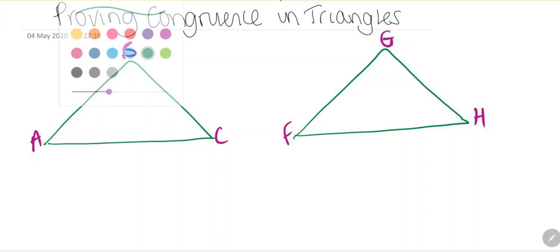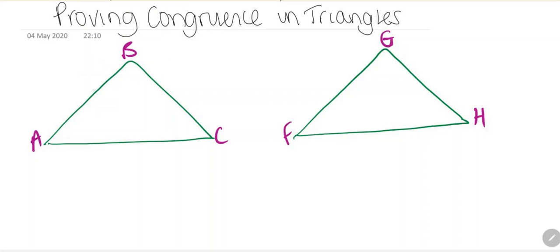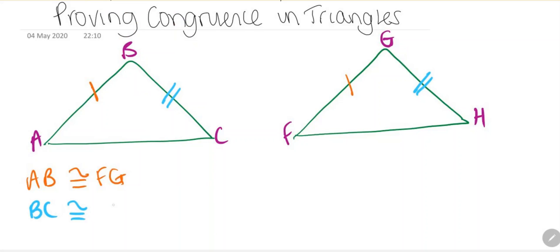So if I said that AB is congruent to FG, so this is given. And I also said that BC is congruent to GH.